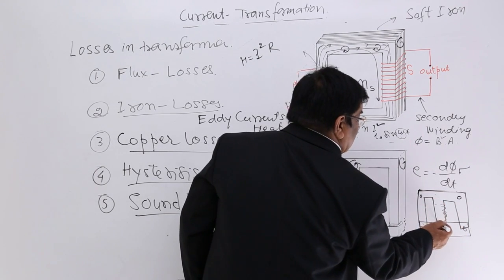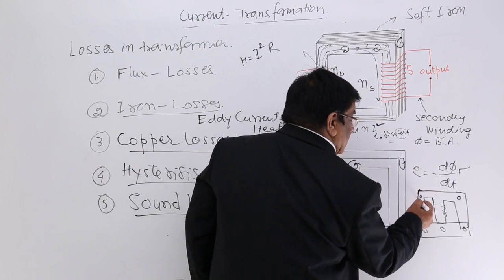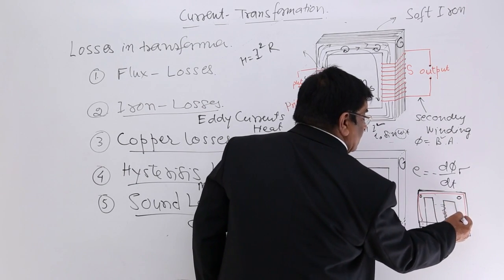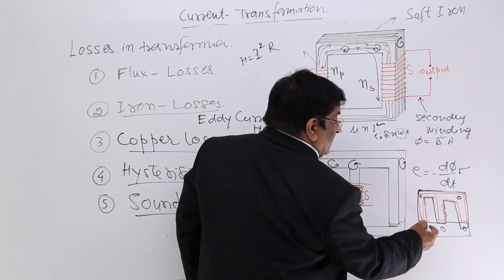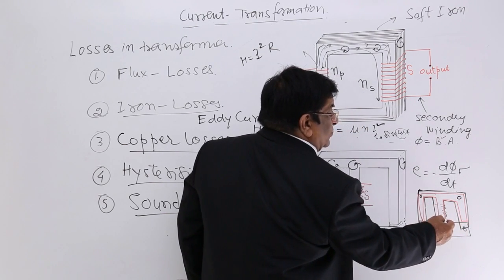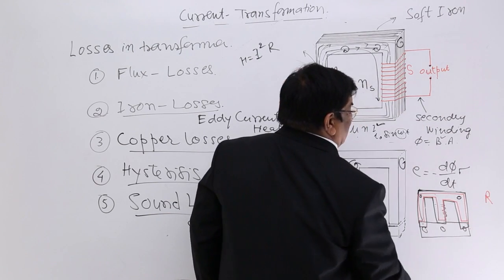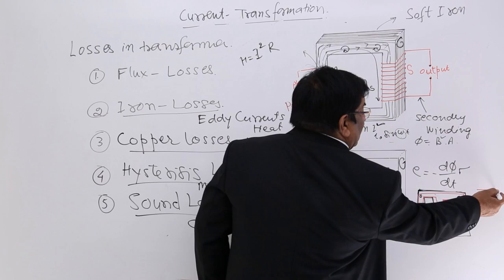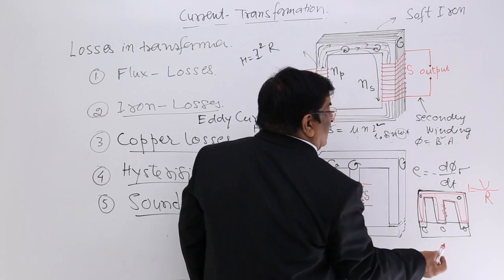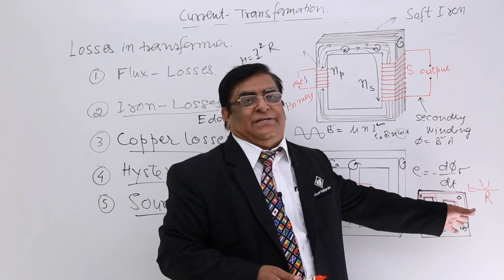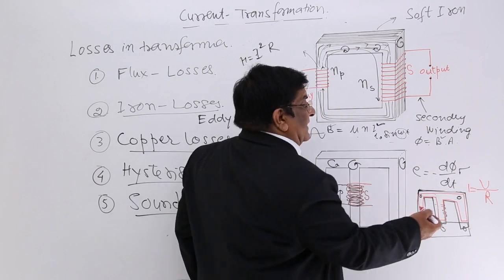The eddy current has to move a very large path like this. This path has increased 2 times. If this path has increased, resistance has increased. If resistance has increased, then current has decreased. If current has decreased, then heat is decreased. This is how we decrease the heat due to eddy current.